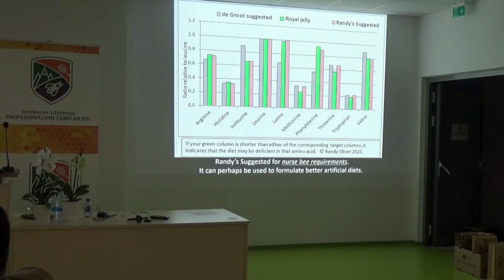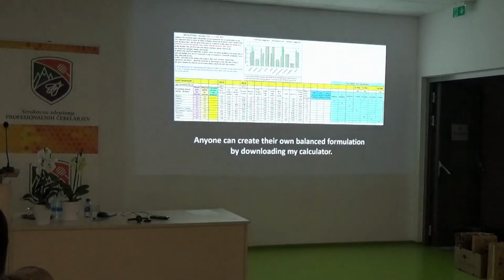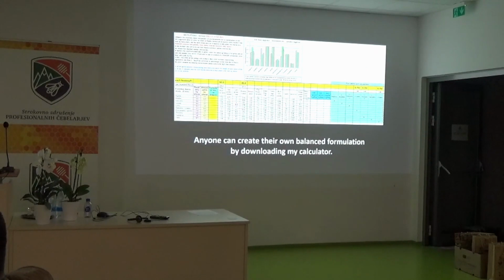So then I went further in research and I looked at everything I could find published on the needs of the nurse bees and the larvae, and I came up with my own recommendation, higher in lysine, to compare to. And that's so you have these both on my calculator to try to figure out your own. And so I already showed you how to use this right here. I've got common ingredients here, and then you can add the analysis.